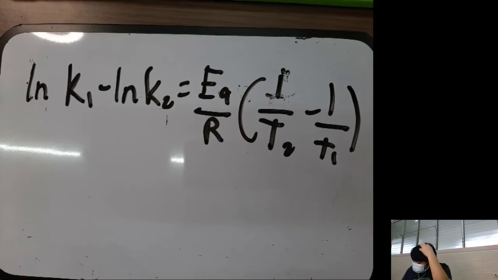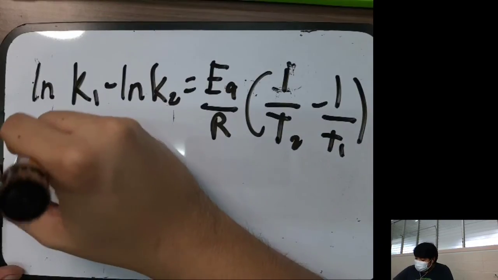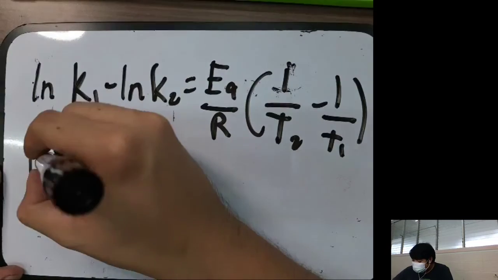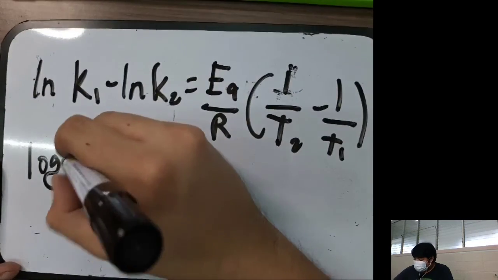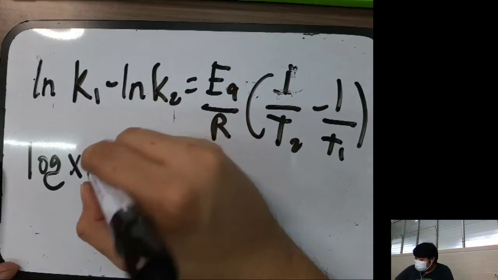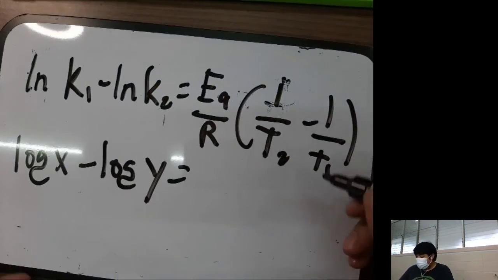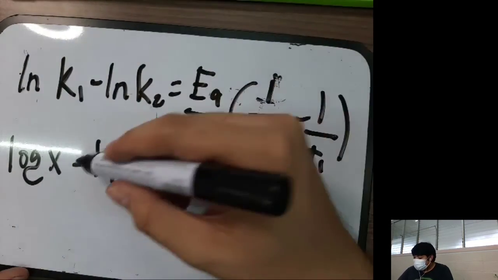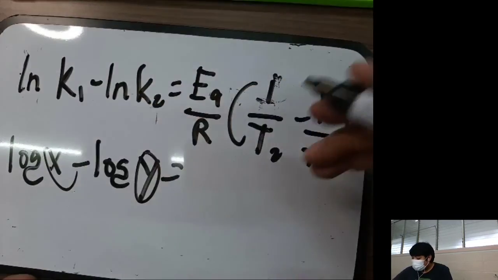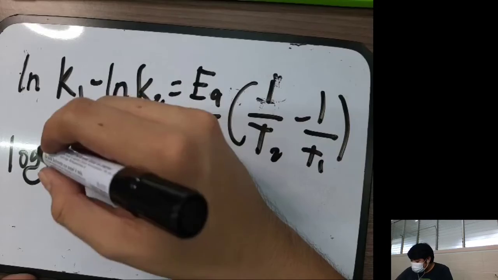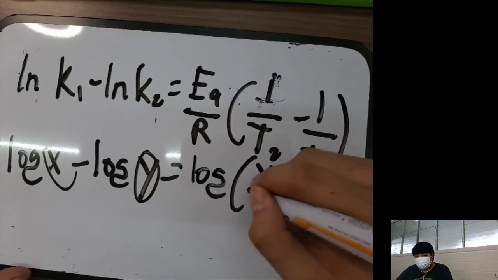Now, in your logarithmic functions, I have shown this also earlier in our previous videos of kinetics, that the difference between two logarithmic functions of the same base is equal to the logarithm of the quotient of the two values. So log x minus log y is equal to the log of x over y.